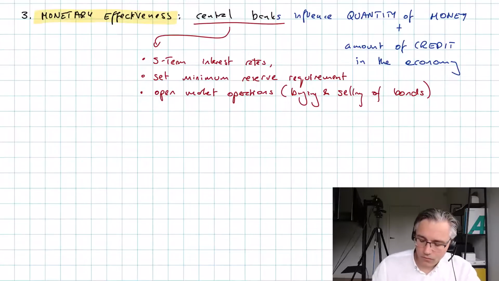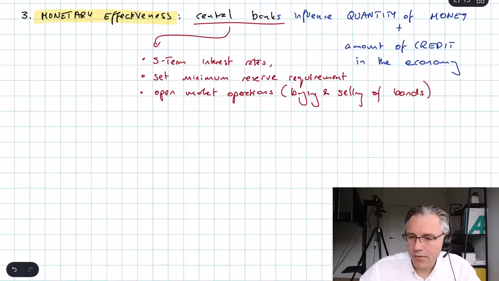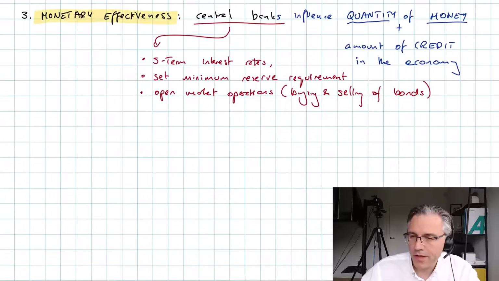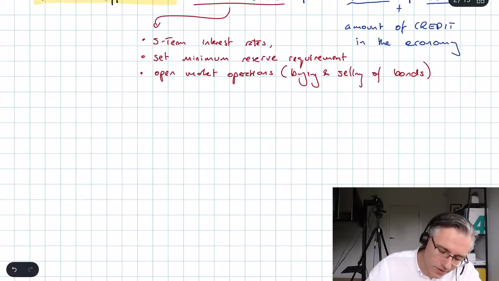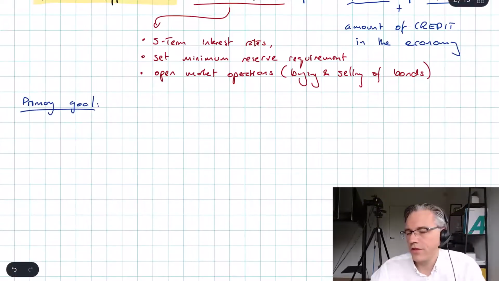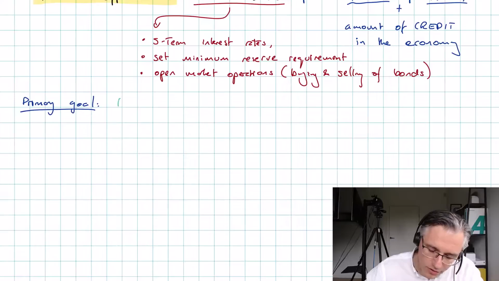Now, the primary goal here is that with these tools they try to influence the amount of money and the amount of credit in the economy, but this is all done with a view to the primary goal for most central banks, and that is to keep inflation under control. So the goal is price stability, or relative price stability.